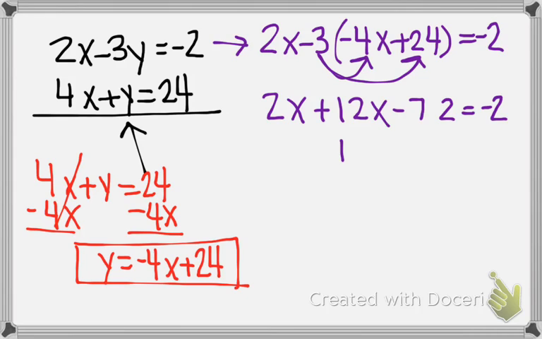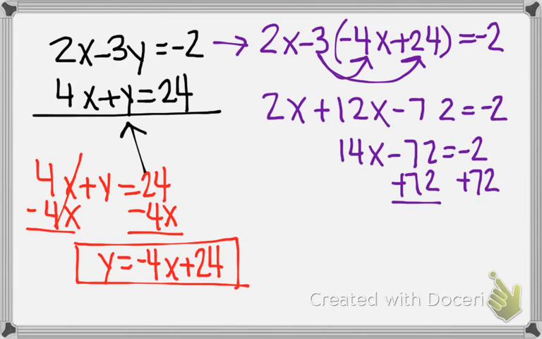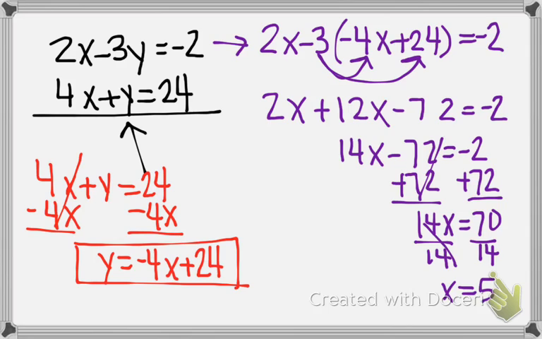Combine like terms. Add 72 to both sides. Divide both sides by 14. So x will equal 5.